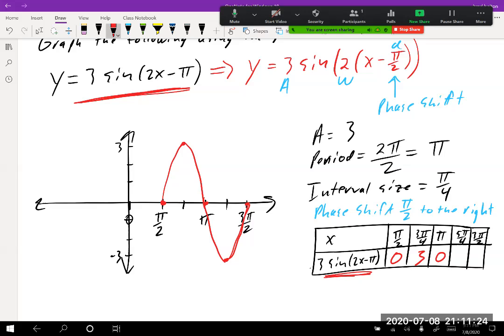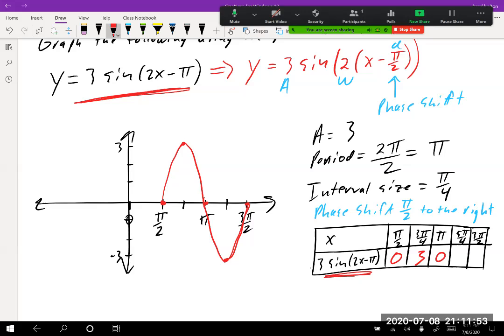5 pi fourths times 2 would be 10 pi fourths, or 5 pi halves.